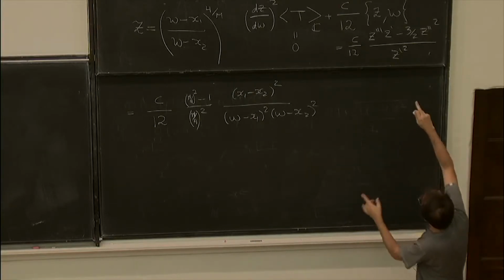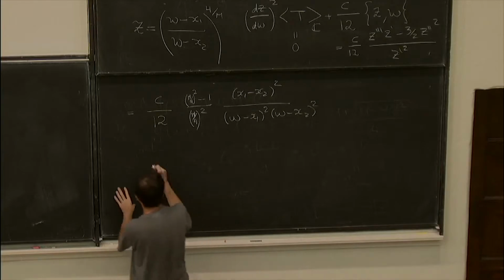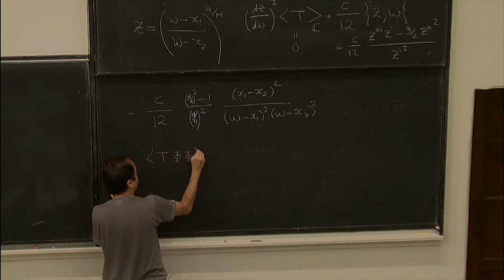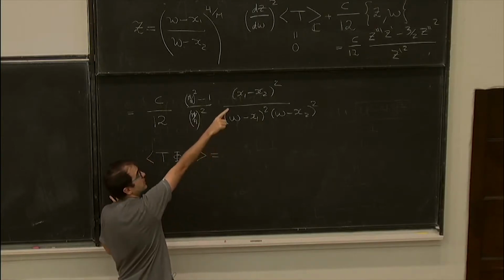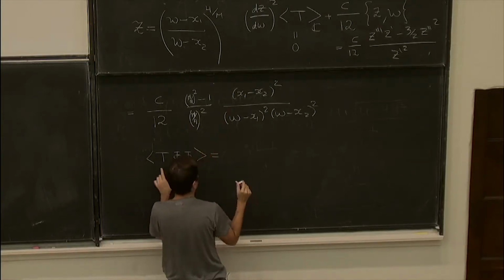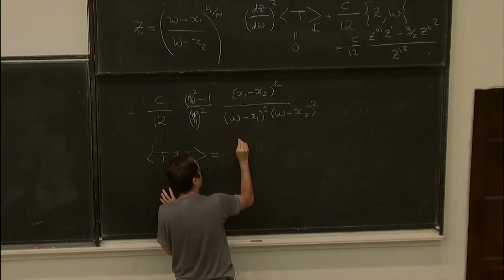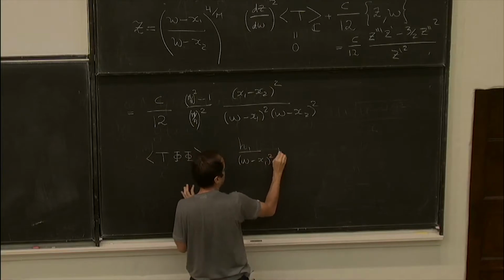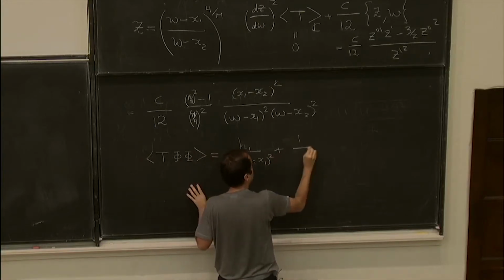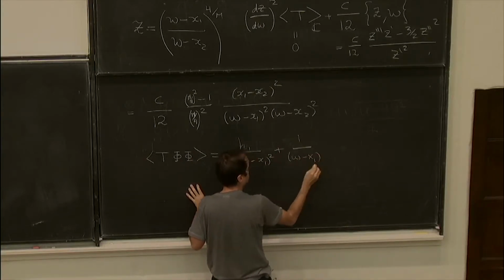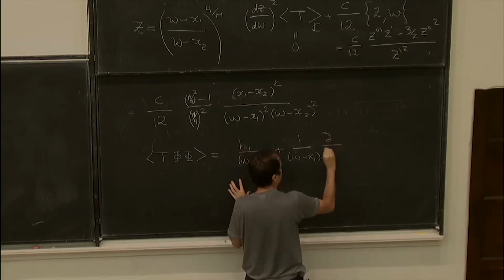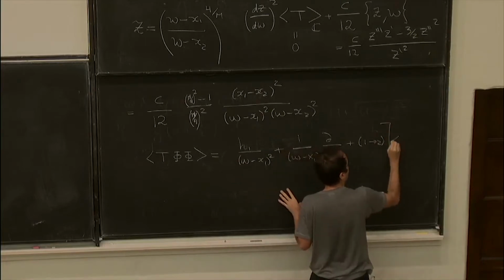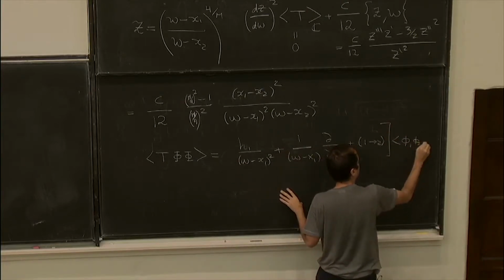And now you just need to compare both equations and recall that you have this Ward identity for the stress tensor, that T phi phi is equal to the dimension of the field over (W minus x1) squared plus a single pole, but a single pole is not important. We can read off the dimension from the double pole, plus d dx1 plus the same thing for 2 acting on the 2-point function.